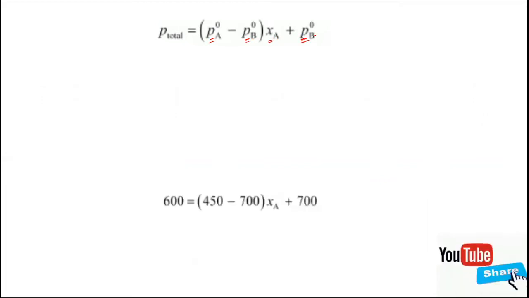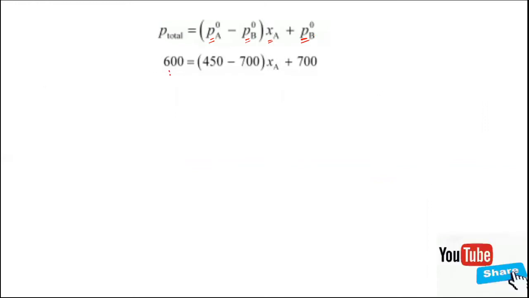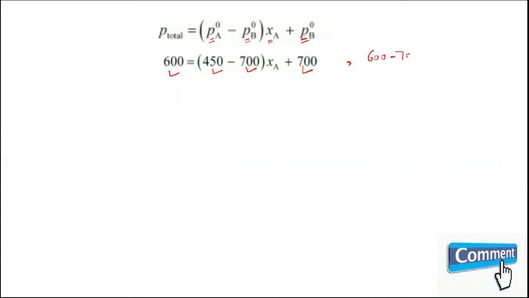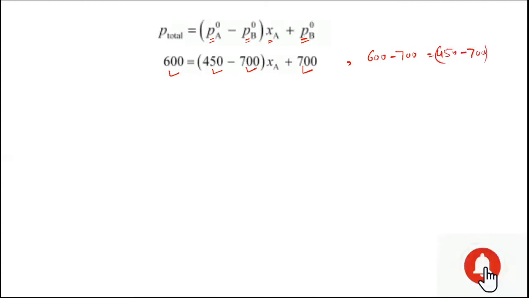Now we will substitute the value of P total, that is 600, P naught A 450, P naught B 700. When we start solving it, the value comes to be 600 minus 700 is equal to 450 minus 700 times mole fraction of A. The value comes to be minus 100 equals minus 250 mole fraction of A. Minus signs cancel out, zeros cancel out.